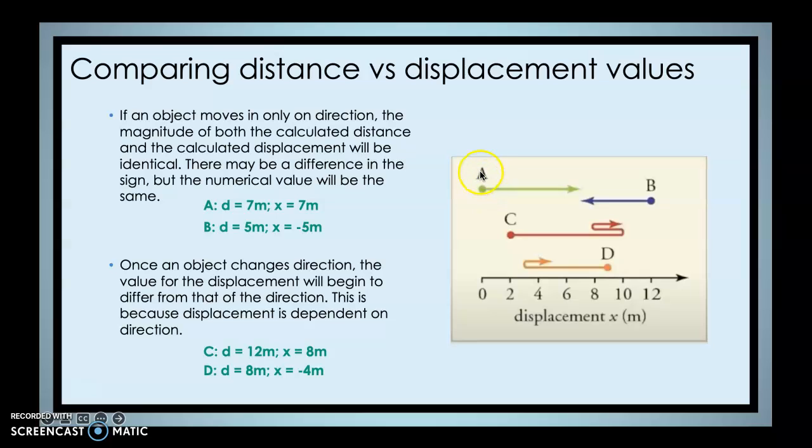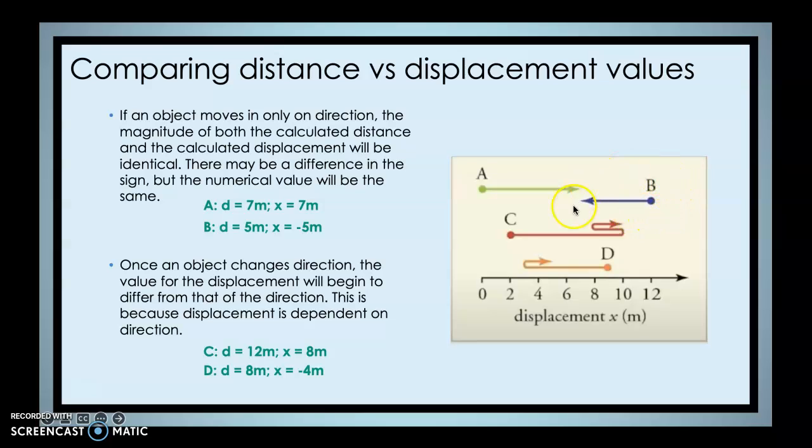So in this case, person A starts at position 0 and walks to position 7. So that's a total distance of 7. Their XF is 7. Their XO is 0. So that means 7 minus 0. Their displacement is also 7.